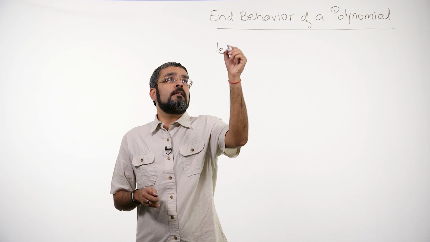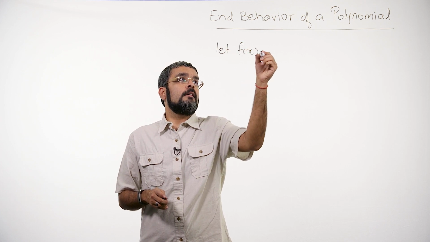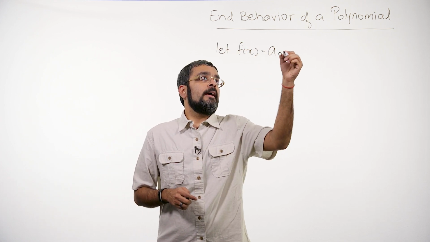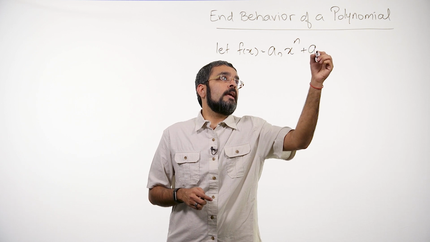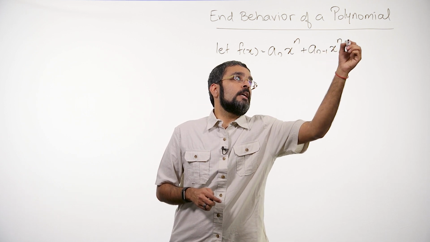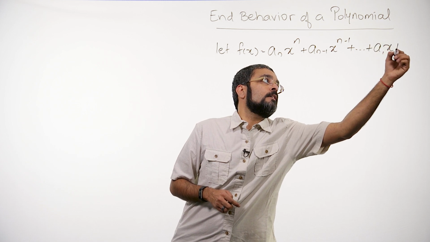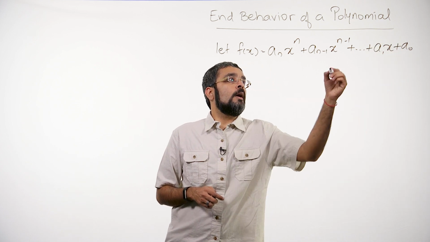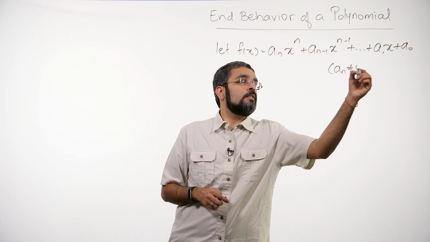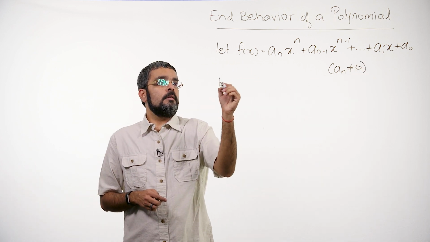So let f(x) equal a_n x^n plus a_(n-1) x^(n-1) plus, and so on, until a_1 x plus a_0, where obviously a_n is not equal to 0, be a polynomial.